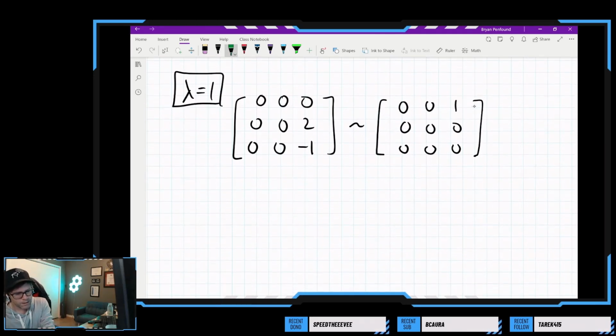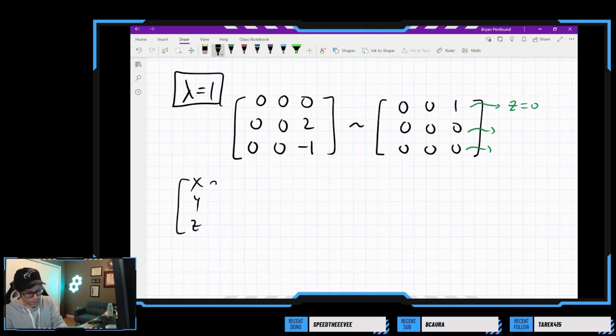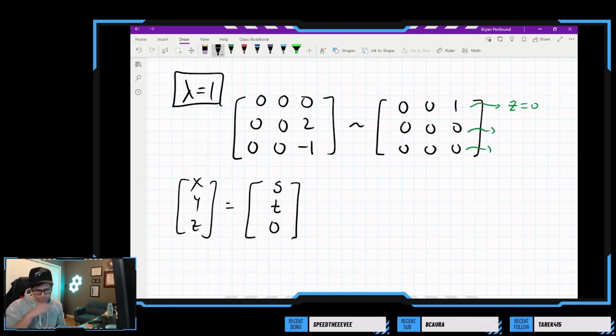So what does that mean for our vectors that we're interested in? It means that z is equal to 0. And then I don't really get any other information about what's going on with x and y. So this means that x and y can be free parameters. We can maybe set x equal to s, y equal to t, and then we're going to force z to be equal to 0.